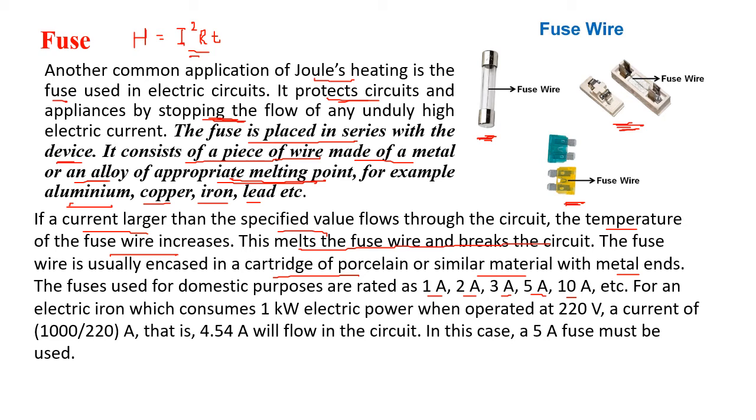So for an example, take an electric iron which consumes 1 kilowatt of electric power when operated at 220 volt. How do you find the current? Formula, Ohm's law, V equal to IR.